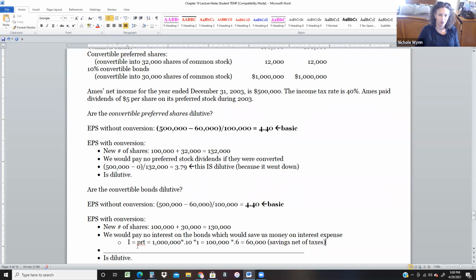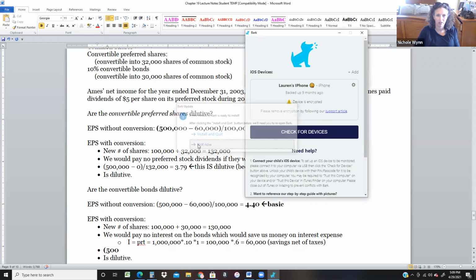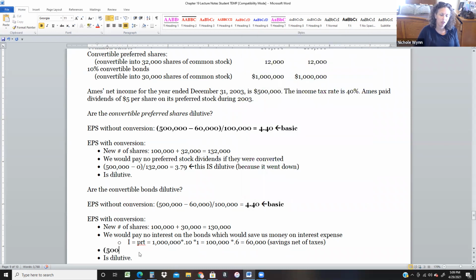Okay. So from there, our new earnings per share, and look, it says it is dilutive. So it's going to be less than 4.40, but we are going to take 500. So my net income is no longer 500. Now my net income is 560, because we don't have to pay interest, which saves us money, which makes the net income go up.